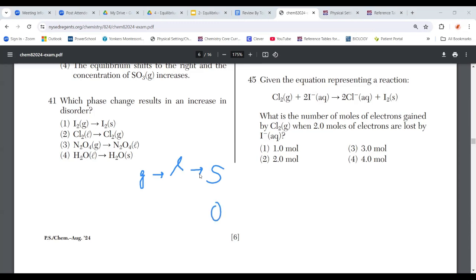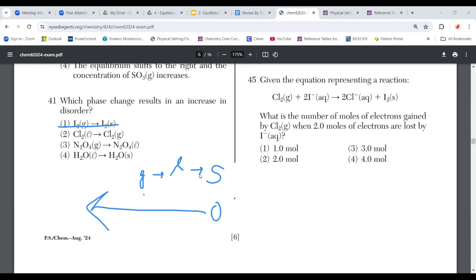This is much more orderly. So as I'm going this way, I'm increasing disorder. So I just want to check each one of these answers against that. And I'm going strictly by the subscripts. Subscripts that say gas, solid, liquid, gas, right? Is moving from a gas to a solid increasing my disorder? No, get rid of it. Is going from a liquid to a gas increasing my disorder?